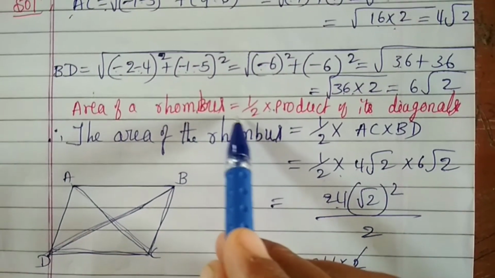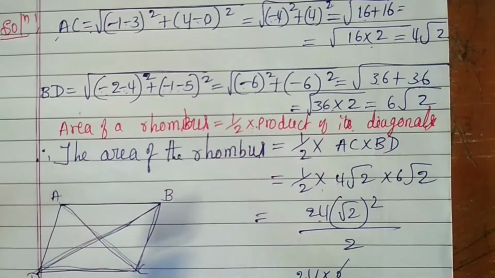Area of a rhombus is equal to half into product of its diagonals.